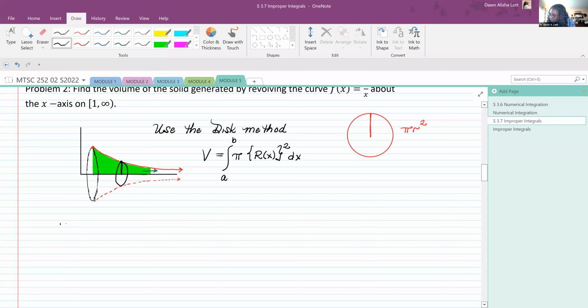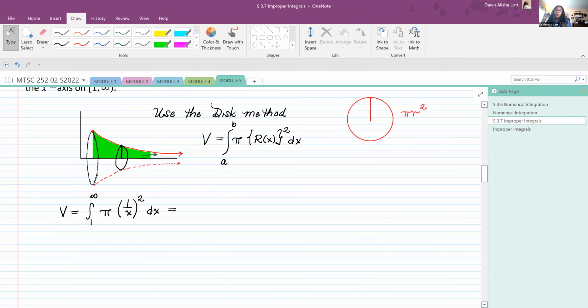So we're getting somewhere. So the volume is the integral. We are starting at 1. We are going all the way out to infinity. We're doing pi, and the radius is the function 1 over x. We're squaring that, and then we are doing that dx. So does everybody see what the integral is?